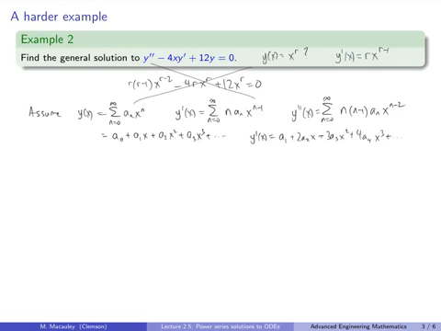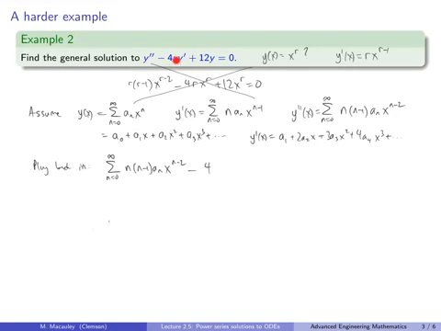So I'm going to plug back in. So y'' I'll just write out what it is. So I'll say the sum from n equals 0 to infinity of n times (n-1) times a_n x^(n-2), minus 4x y'.